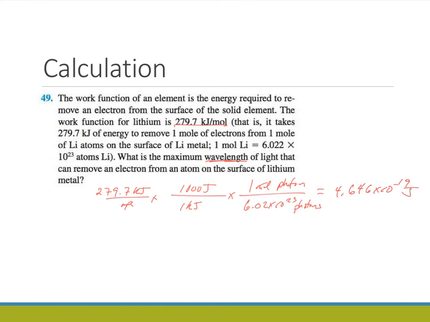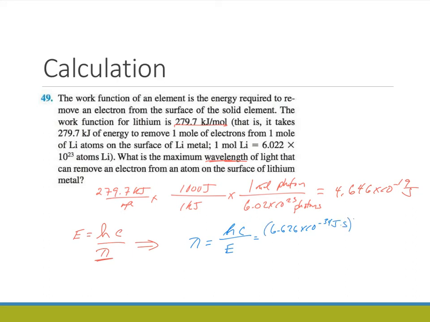So this energy is going to equal hc over lambda. We're looking for lambda, so lambda is equal to hc over E. Let's plug in our numbers. 6.626 times 10 to the minus 34 joule seconds.